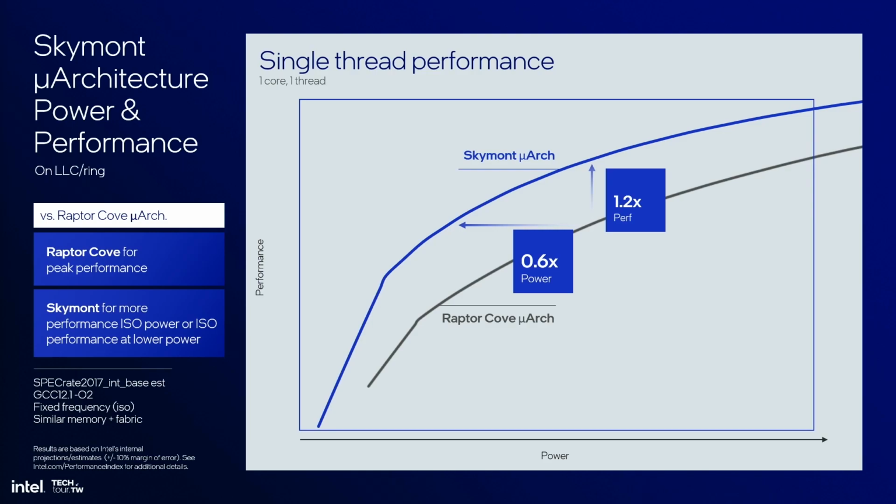This is what you're getting out of an E-core. This is what you're getting out of SkyMont. This is what we think is key to driving hybrid, to driving PC efficiency, to providing long battery life, and providing a great user experience for Lunar Lake.